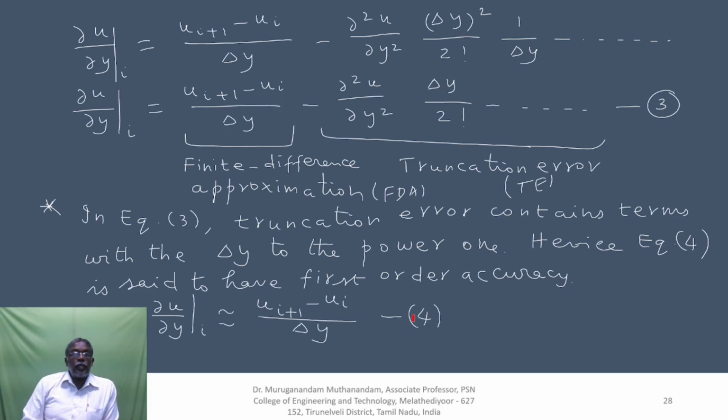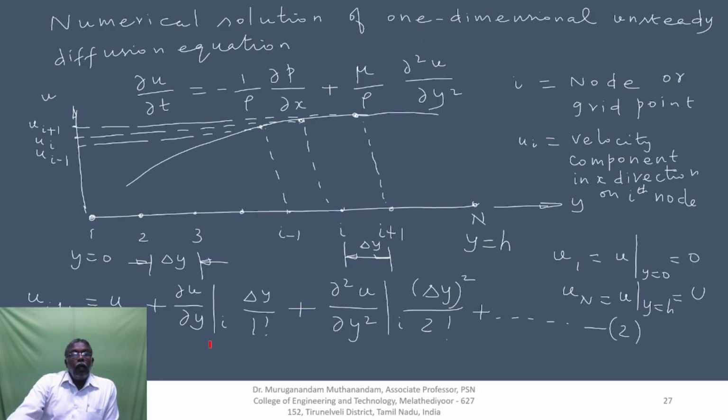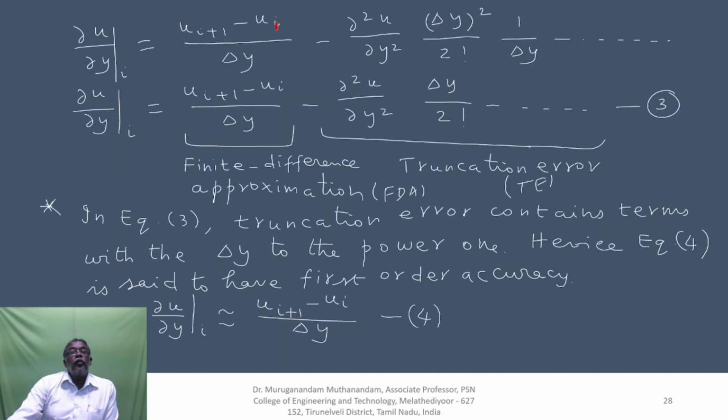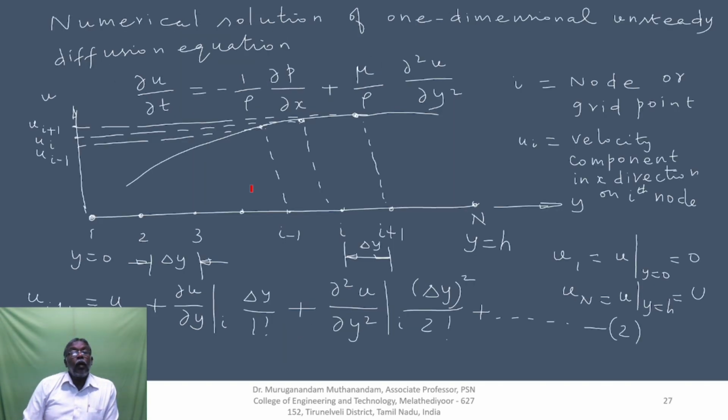Now, using this equation 2, I arrive at the value of partial u upon partial y from the second term, which is equal to ui plus 1. When you bring this ui to the left hand side, it is ui plus 1 minus ui. I divide by delta y because the aim is to find partial u upon partial y.